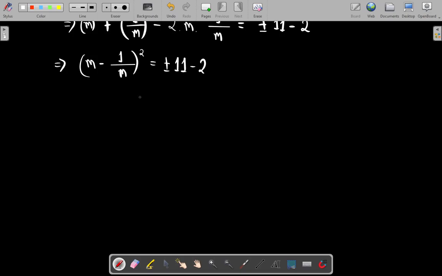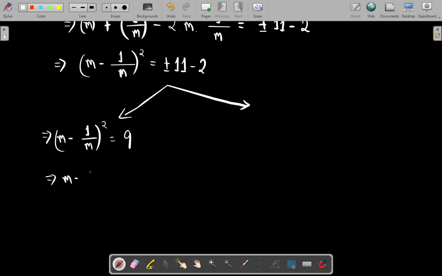This gives us two cases. In the first case, if we take plus 11, this will become 11 minus 2, which is 9. So m minus 1 upon m whole square is equal to 3 square, and on taking the square root again, this will become plus minus 3.